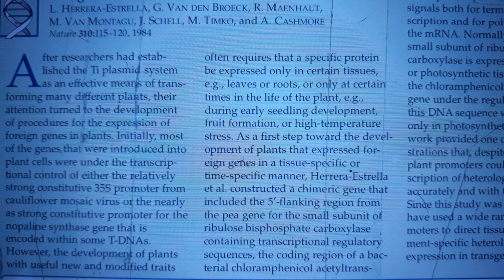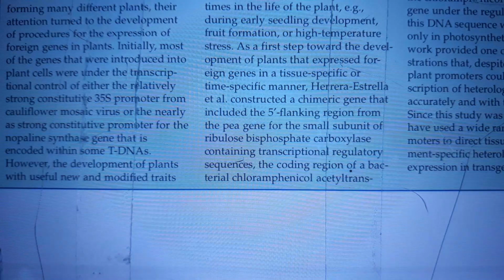Initially, most of the genes that were introduced into plant cells were under the transcriptional control of either the strong constitutive 35S promoter from cauliflower mosaic virus or the nearly as strong constitutive promoter for the nopaline synthase gene that is encoded within some T-DNAs.